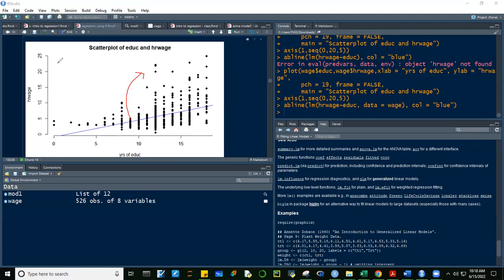ito yung equation natin kanina, negative 0.09 something, isulat, plus, ano yung intercept, ano yung slope natin guys? Paki-dictate nga, unmute na lang.